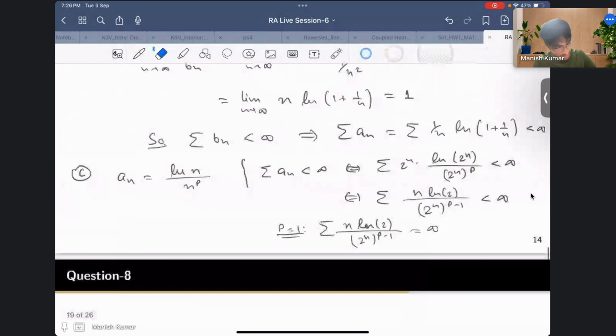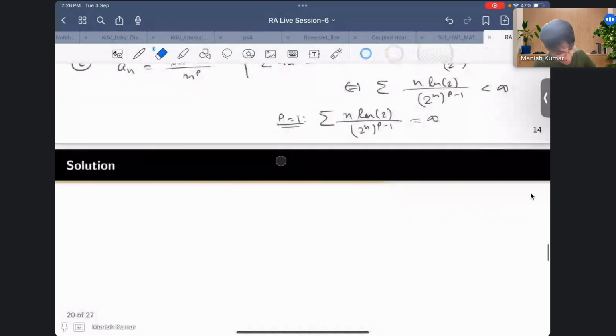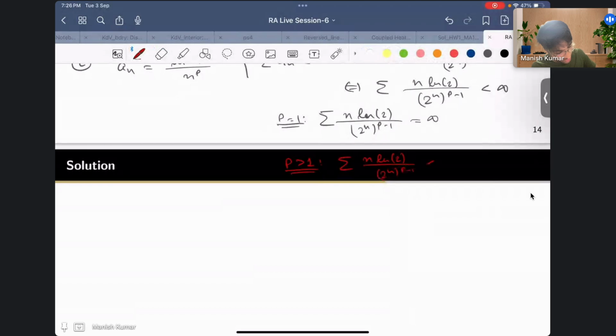Now if I take p to be greater than 1, then this summation n log 2 times 2^n (p minus 1) will be, so this will be convergent, right? This will be convergent, correct?